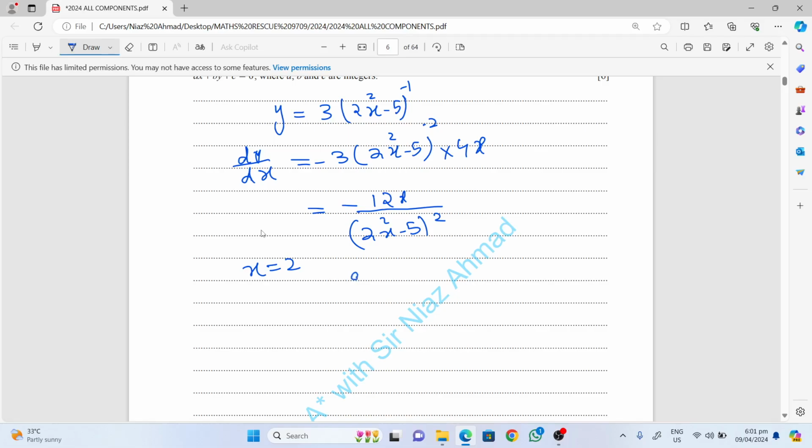So dy by dx equals negative 12 into 2 divided by (2 into 2 square minus 5) whole square. It will give me negative 8 by 3. This is the gradient of the tangent, negative 8 by 3.